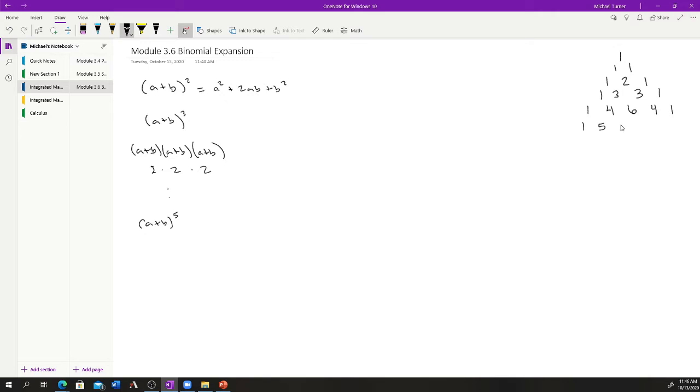So this is something that's taught in pattern recognition, typically in middle school. And if it's your first time seeing it, that's okay. I'm just kind of filling out a couple of the rows here for us. And each of these, again, what I'm doing is adding the 2 numbers that are immediately above it, which I'll point out here in just a second. Let's fill in one more row.